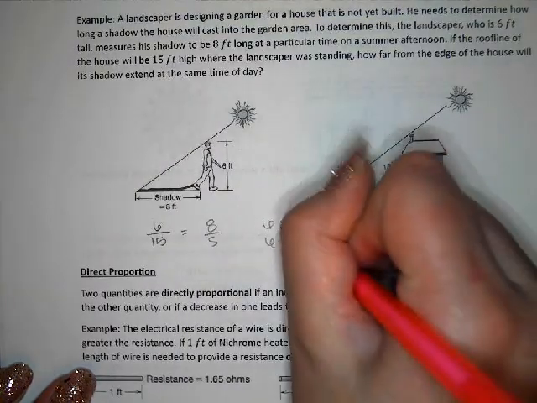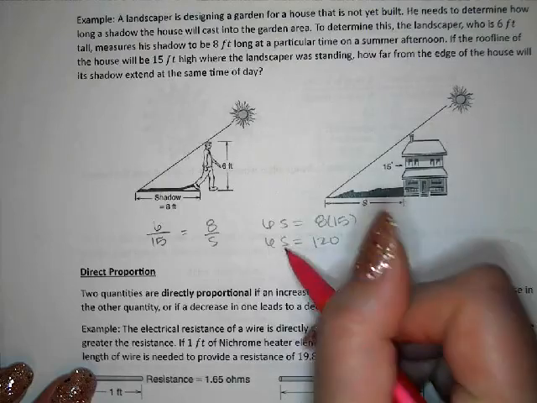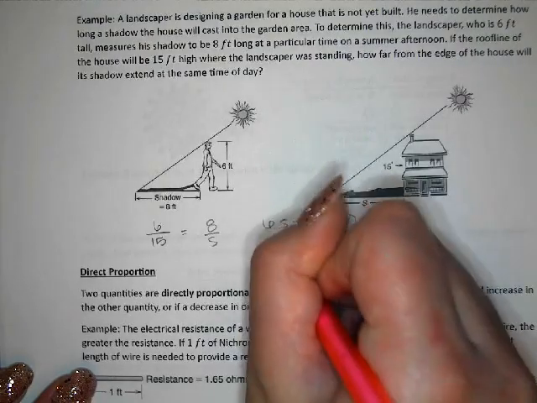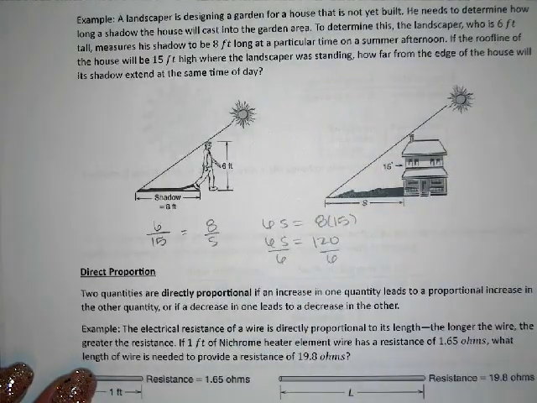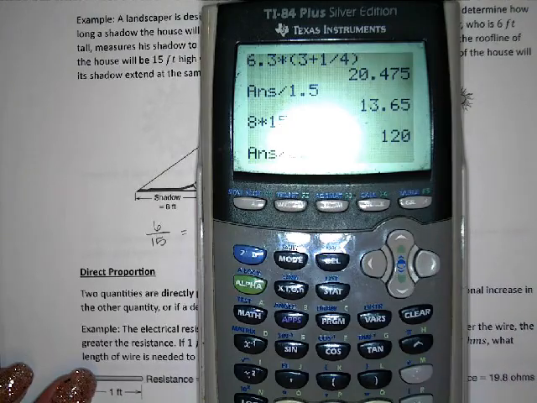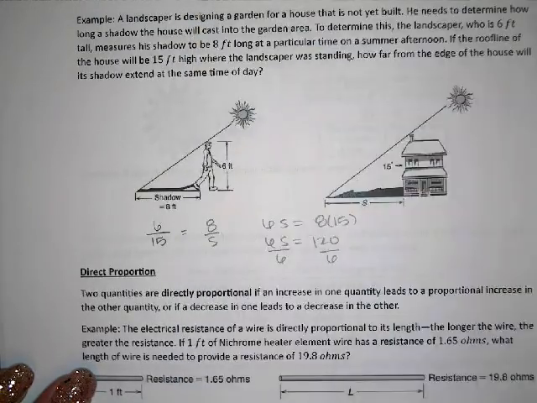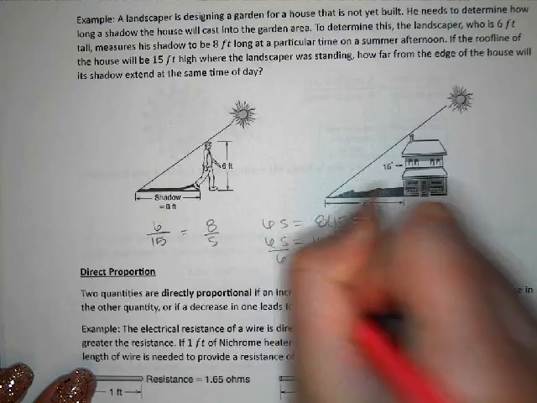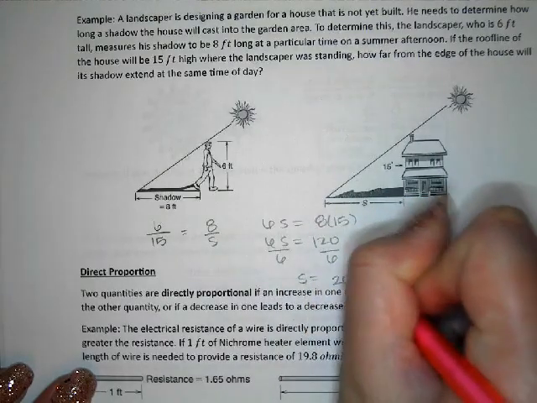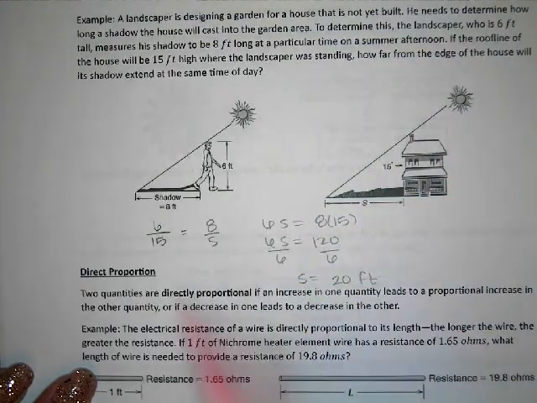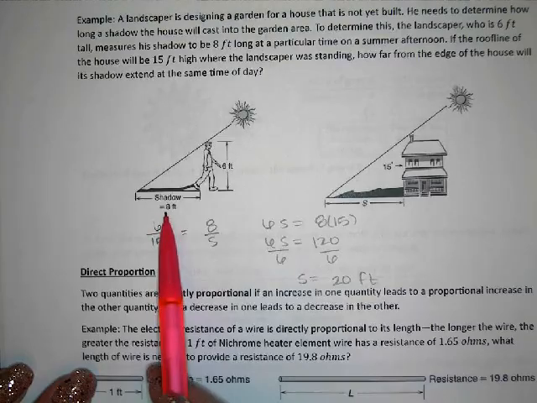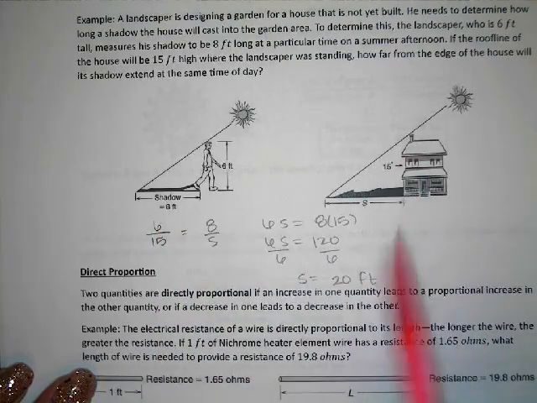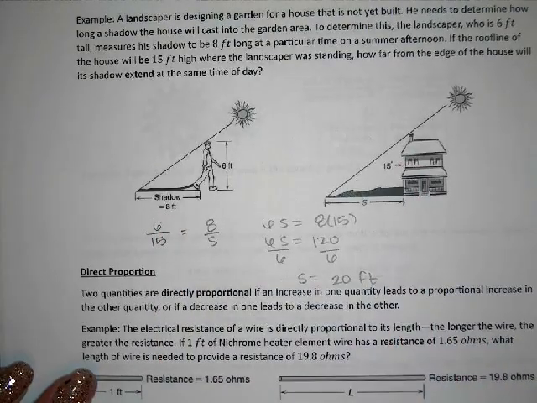And then to get the S alone, I'll divide by 6. And I get that the shadow is 20 feet. So at that same time of day, when the man had a shadow of 8 feet, the house itself would have a shadow of 20 feet because the house is taller than the man is.